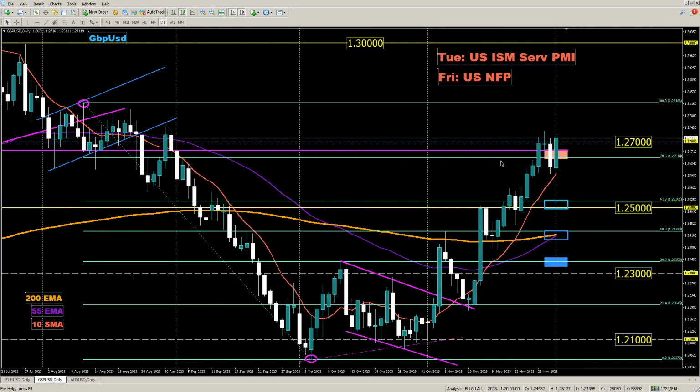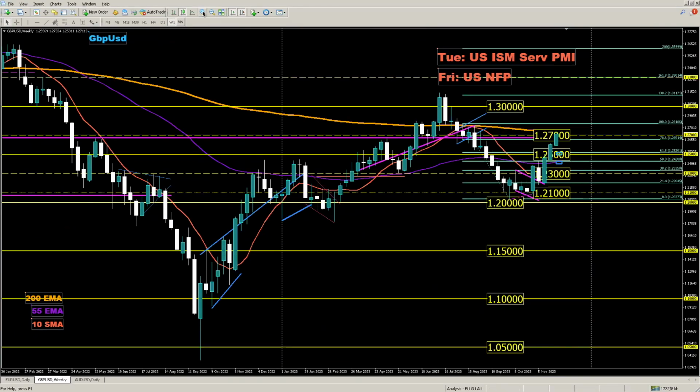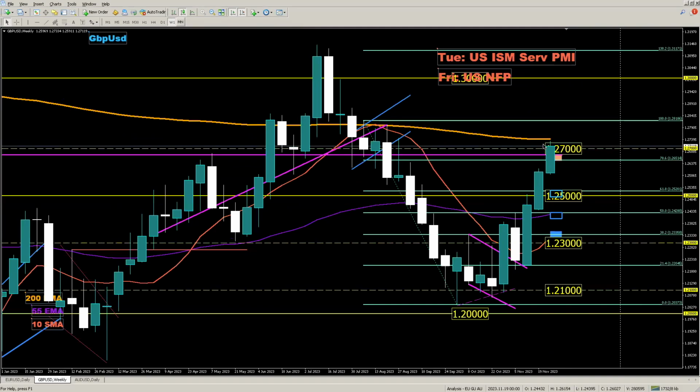So it's still on a bullish track. And we take a look on the weekly time frame. It is coming up closer to the weekly 200 EMA. So see if it's able to crack through that and test this swing high, this 100 pip here.